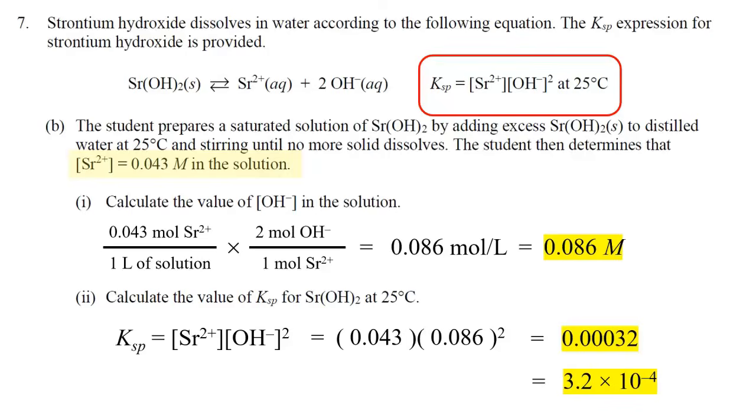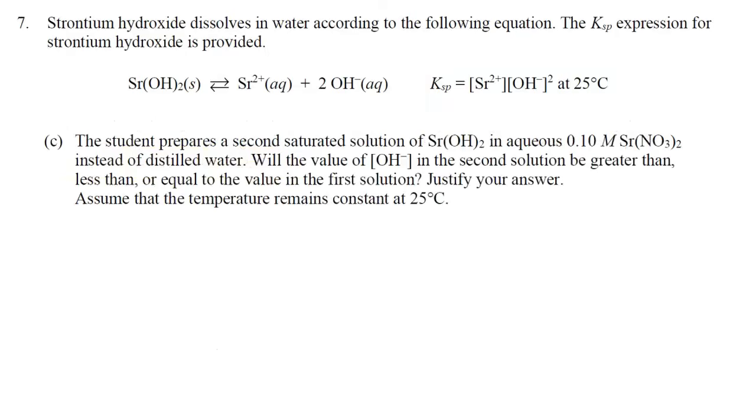All right, now let's take a look at part C of this question. It says the student prepares a second saturated solution of strontium hydroxide in aqueous 0.10 molar strontium nitrate instead of distilled water.